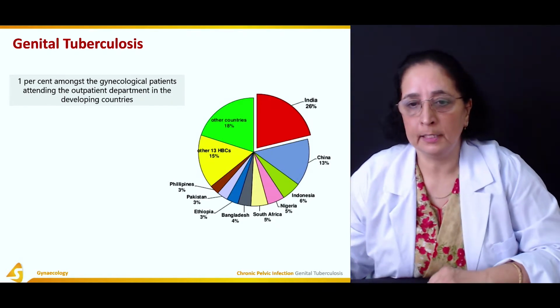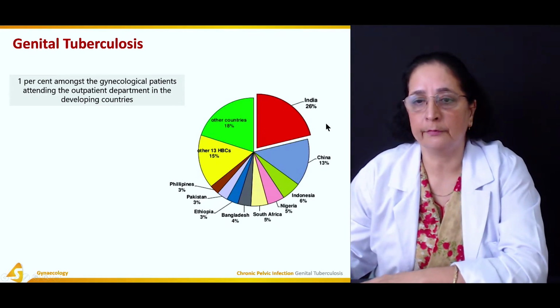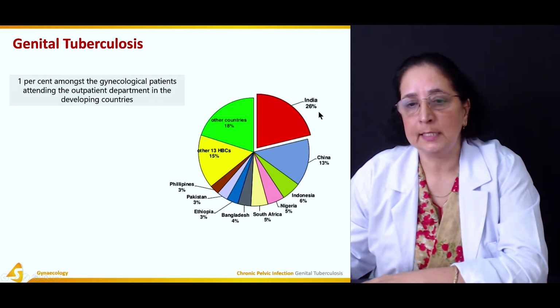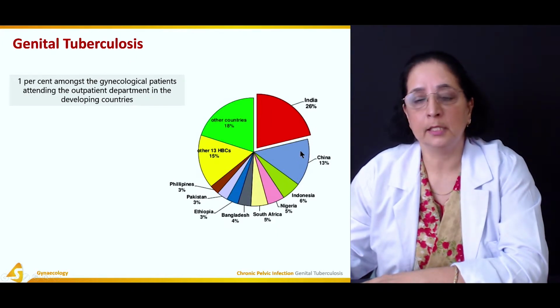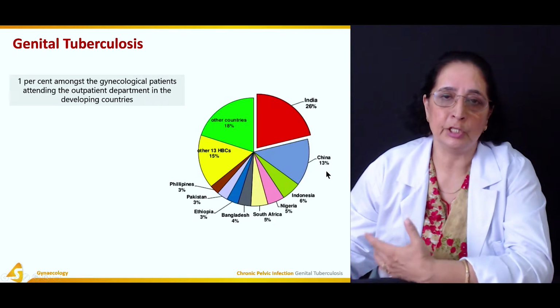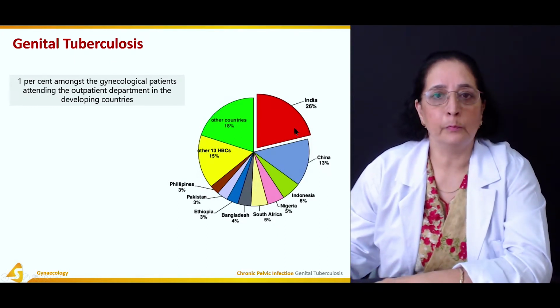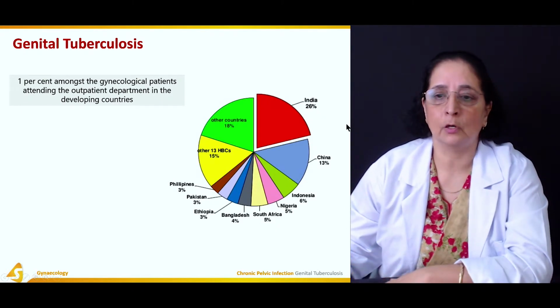Here it gives the statistics: what's the percentage of tuberculosis in different countries. It's most in India, 26%. Then China is 13%. India and China are big countries with huge populations, so that's one factor also.